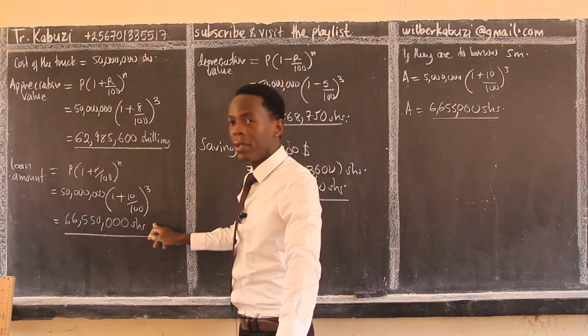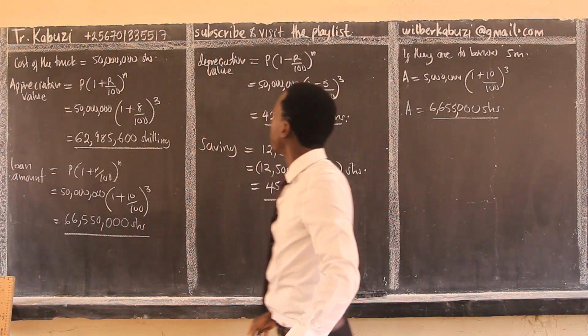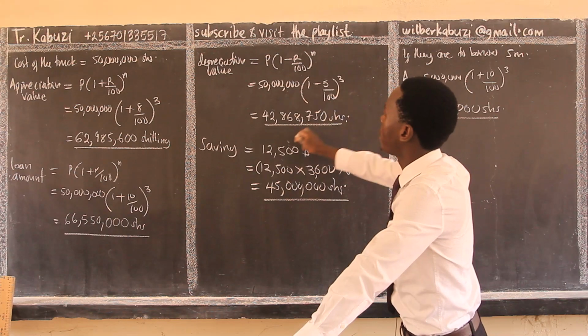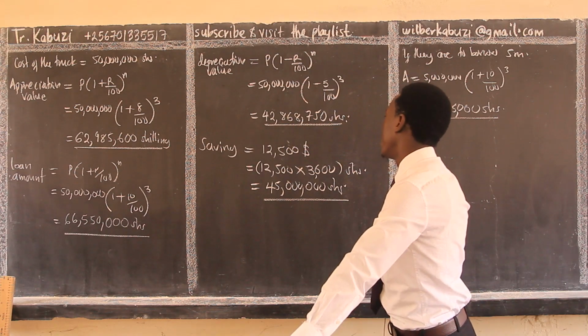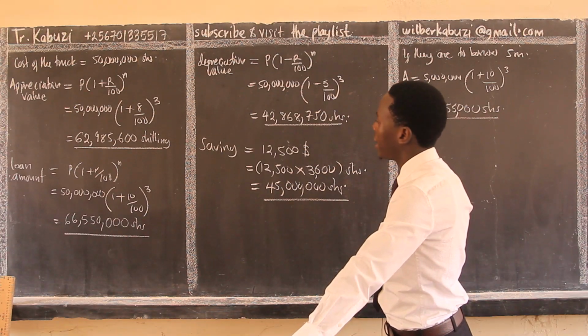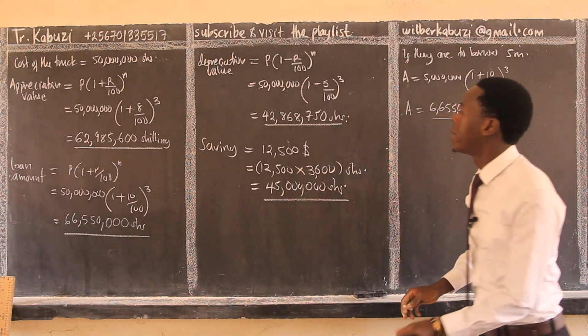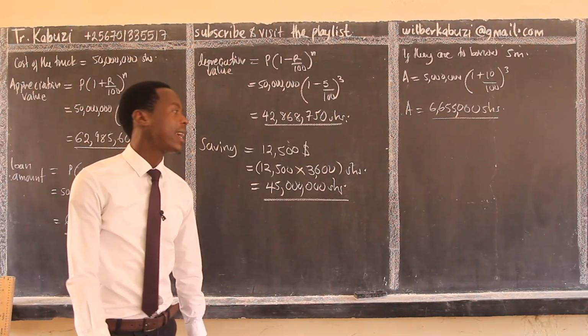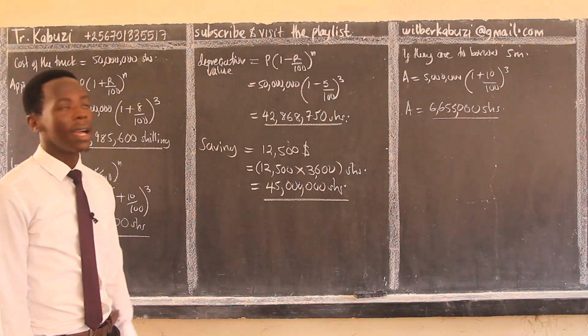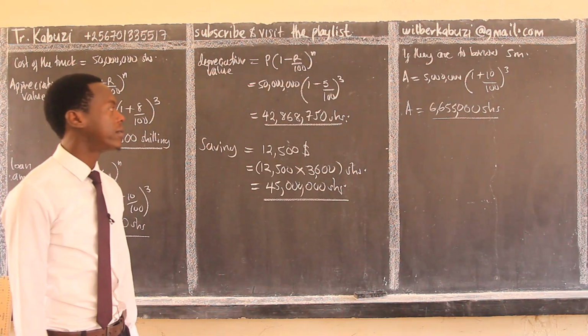If they get the loan without touching the money, they will pay the 16M. If they buy now and depreciate the truck, it will be 45, but that will be 3 years after. So for me, the idea would be they take a loan of 5M from the bank, then they add their savings so that they can buy the truck. That's what I would advise them to do.